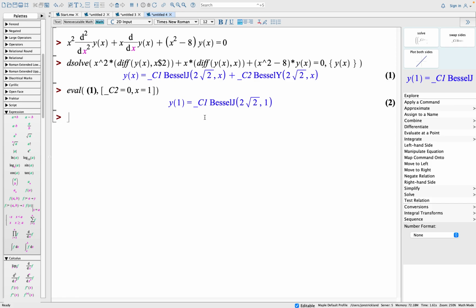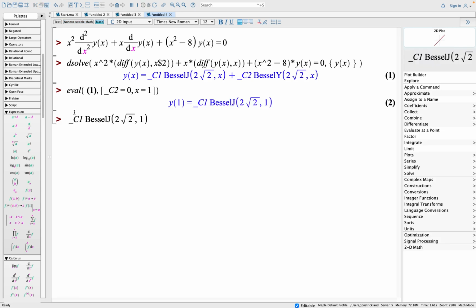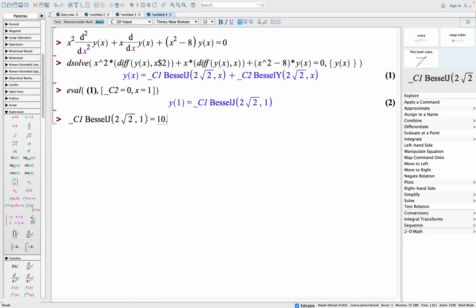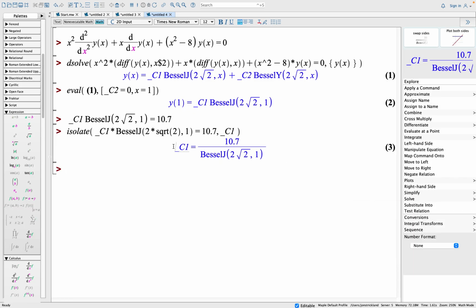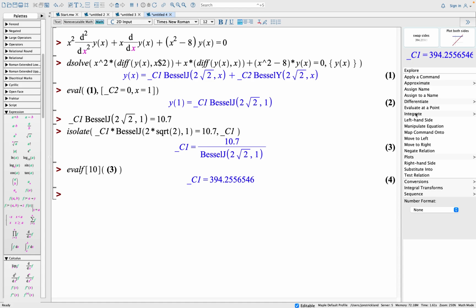And again, we have given that y of 1 is equal to 10.7. So if I'm looking at solving for c of 1 in this equation and setting what I have from y of 1 equal to 10.7, and isolating the expression for c of 1, so I have this ratio, and if I approximate, we have a big number here, 394.26 almost.